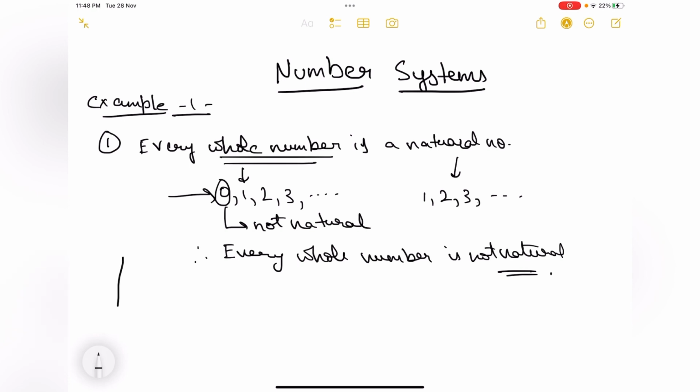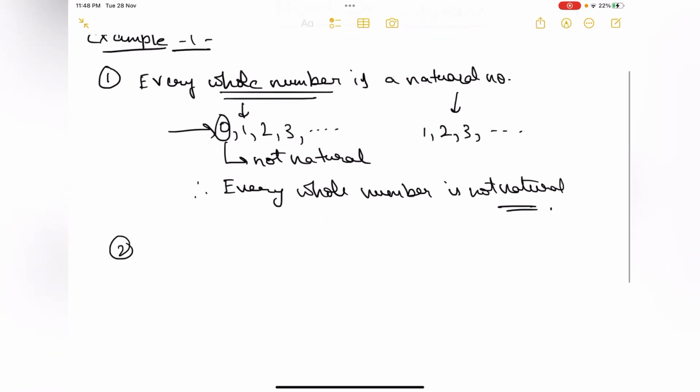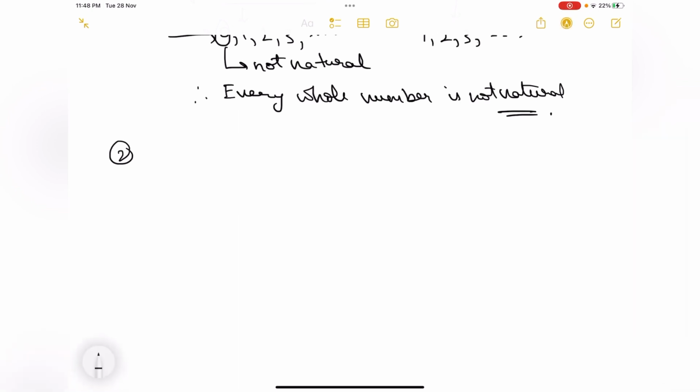Now, if we go to the second point, what is the second point? The second point says that every integer is a rational number. Is that true? Yes, it is true.